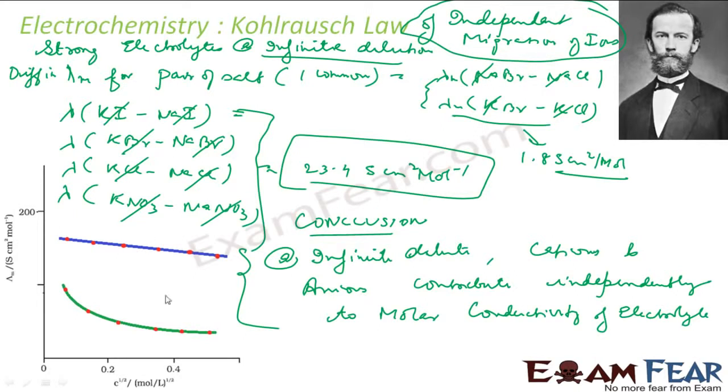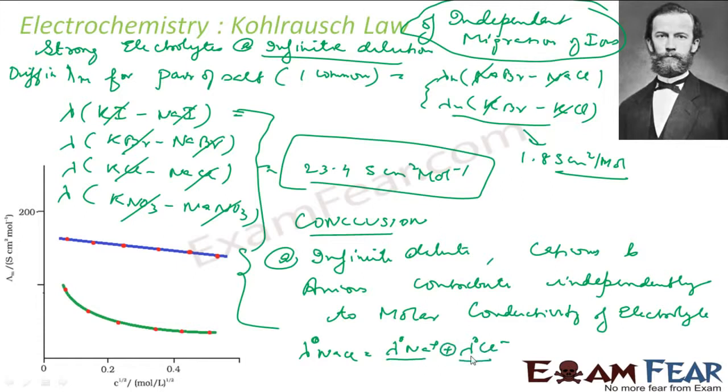Correct? That means, for example, let's suppose I have NaCl at an infinite dilution, right? If I want to find the limiting molar conductivity of NaCl, that will be nothing but the limiting molar conductivity of Na plus plus the limiting molar conductivity of Cl minus.